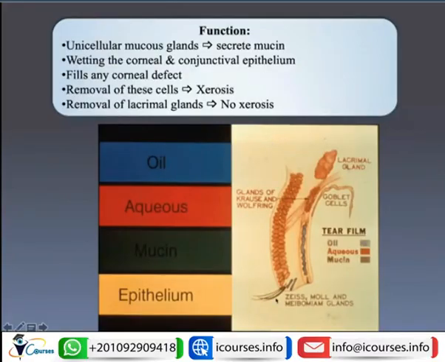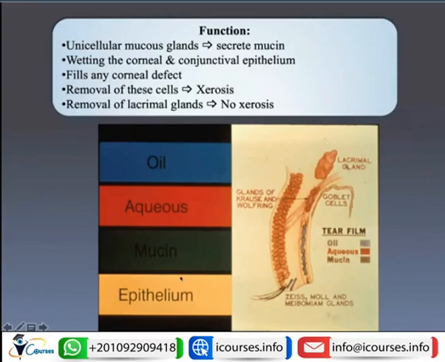As we said earlier, this is the epithelium of the cornea. We have three layers of the tear film. We have the mucin layer, the aqueous layer, and the oily layer. We said that the oily layer is formed mainly by the tarsal glands or the meibomian glands, while the main function of the goblet cells is to secrete mucin.